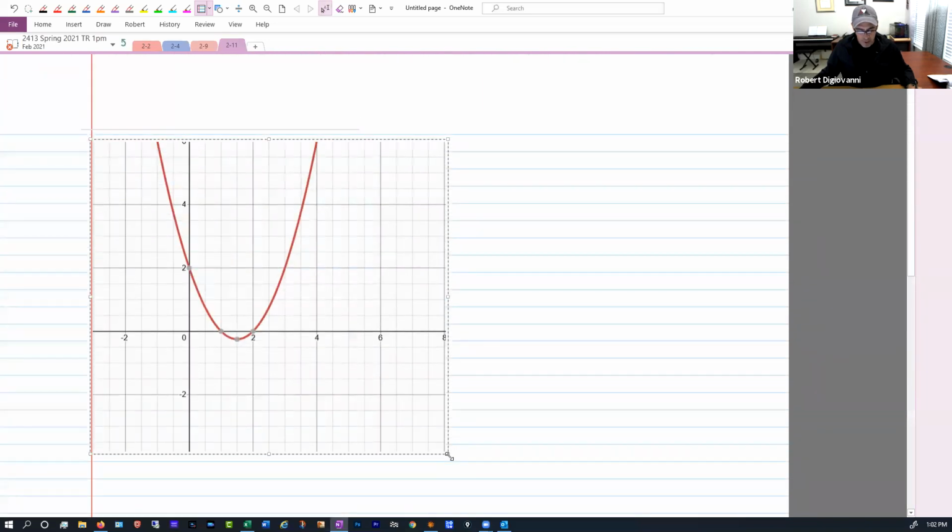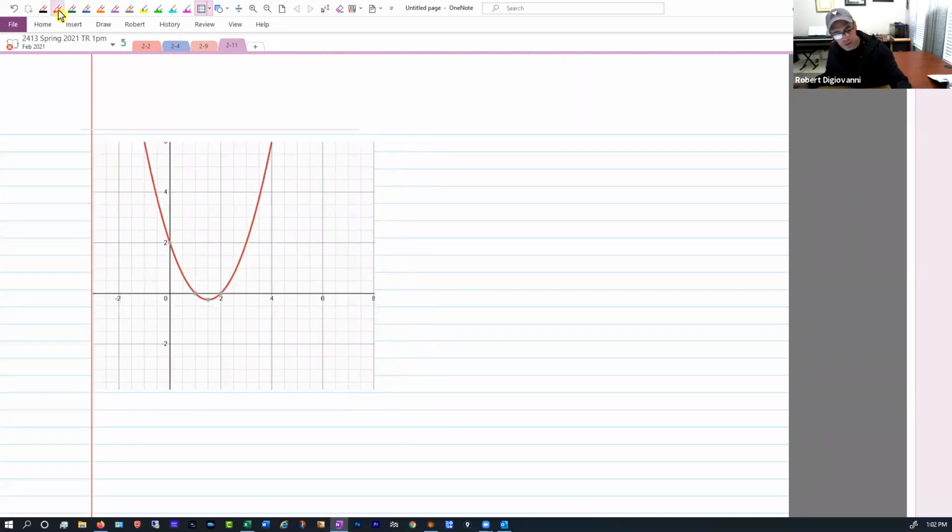All right, so here it is. I'm going to write down the function here. This is f of x is x squared minus 3x plus 2. We should be very familiar with parabolas from college algebra. And what I want us to do is the following.